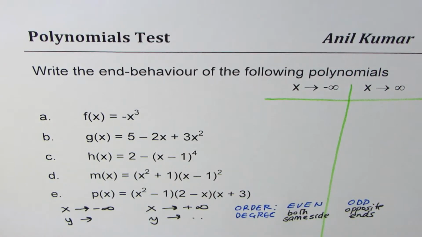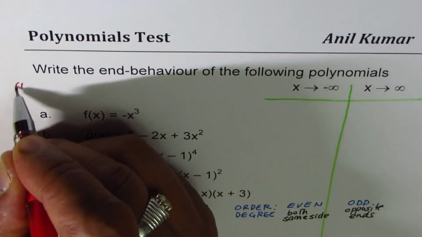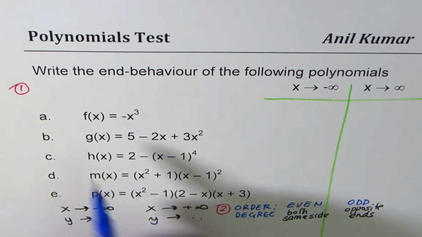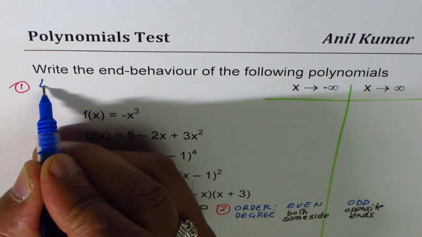And the second thing which we will be looking into is the leading coefficient. So we'll actually first look into the leading coefficient. Let me write down leading coefficient here, and the second point we'll look into is the order.